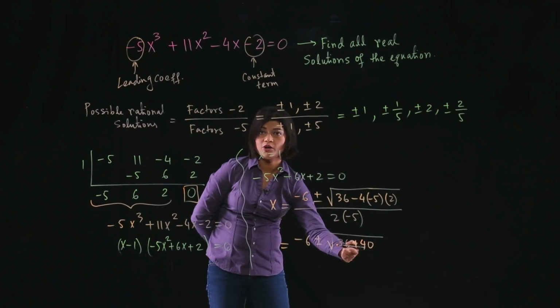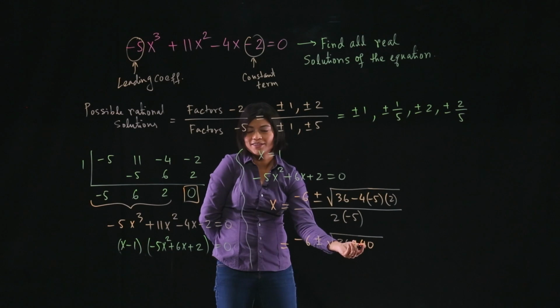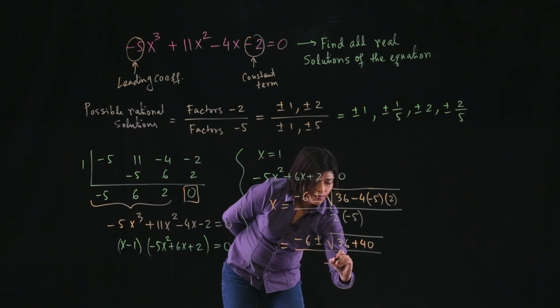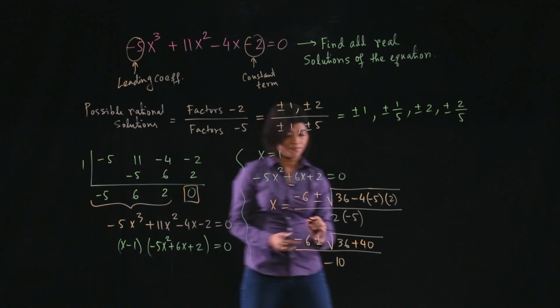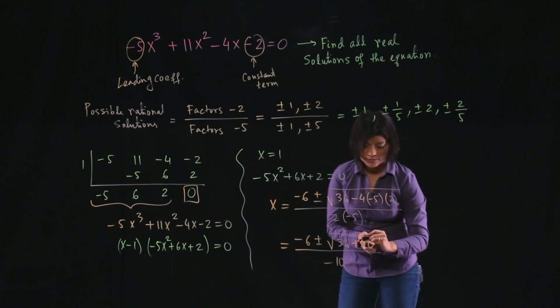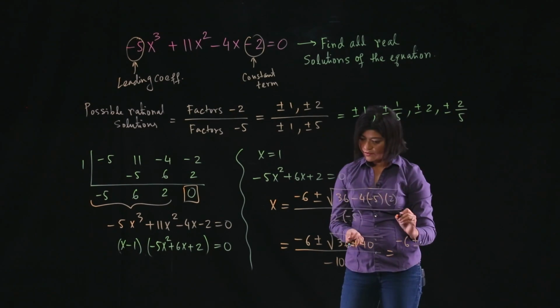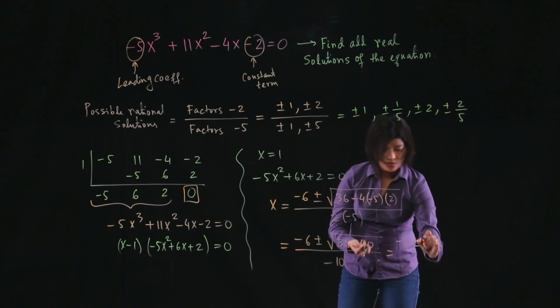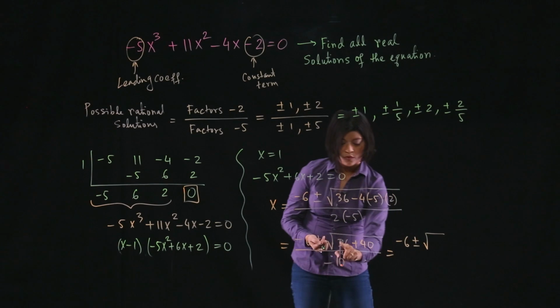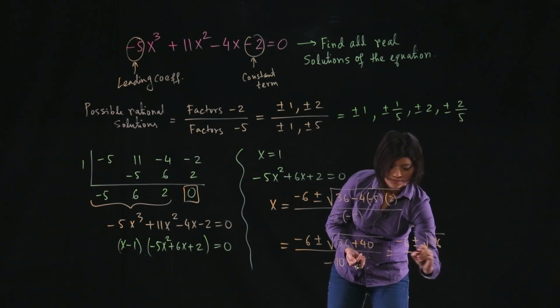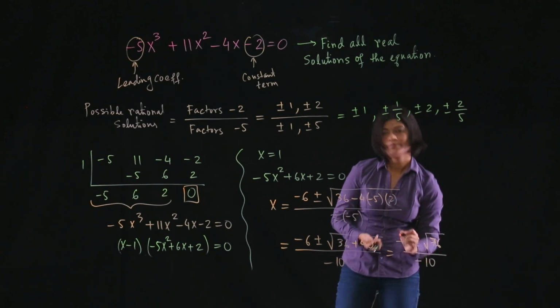Of course, this is a positive term, and so we will get real solutions from here. In the denominator we have negative 10. So this gives us negative 6 plus or minus the square root of 40 plus 36, that's 76, divided by negative 10.